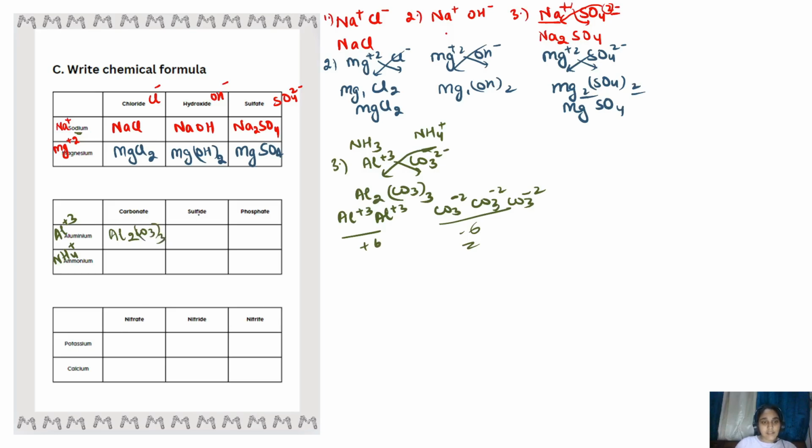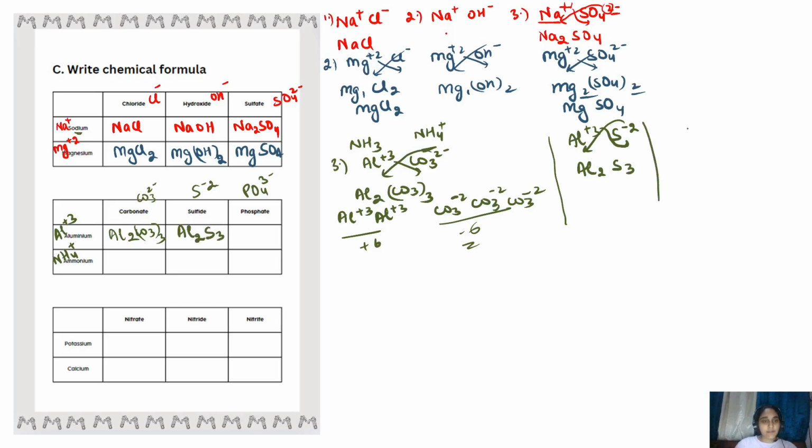Okay, carbonate is CO3 2 negative, sulfide is S 2 negative, phosphate is PO4 3 negative. So aluminium sulfide, I am writing here Al 3 plus and S 2 minus, same, 2 goes here, 3 goes here, Al2S3.